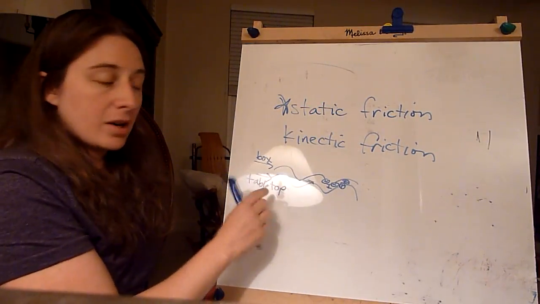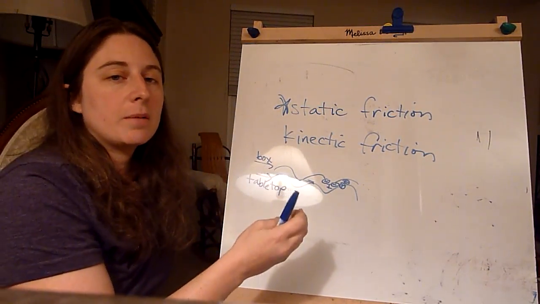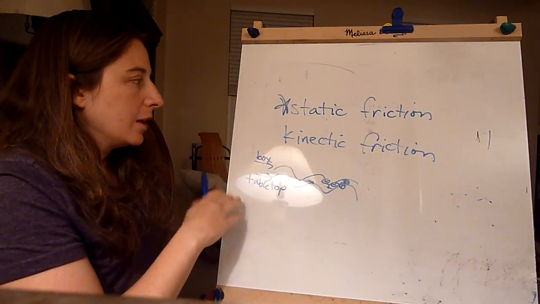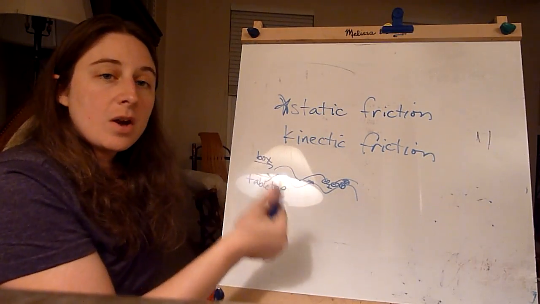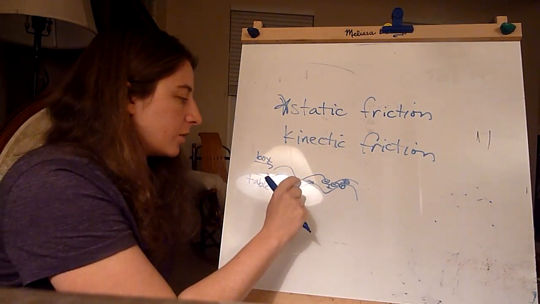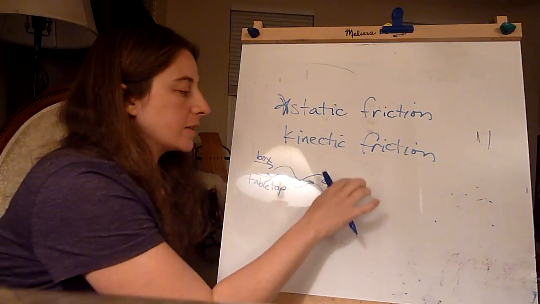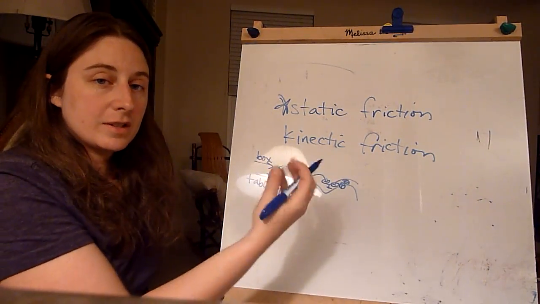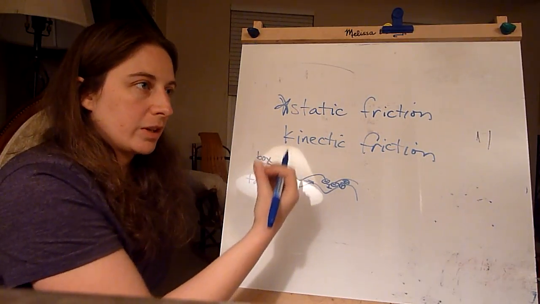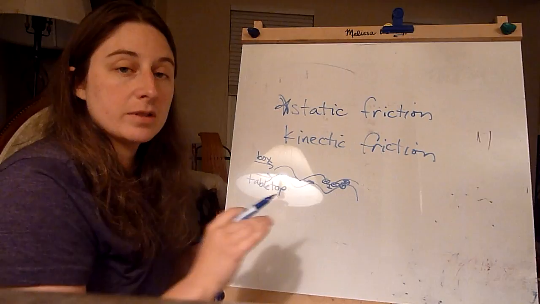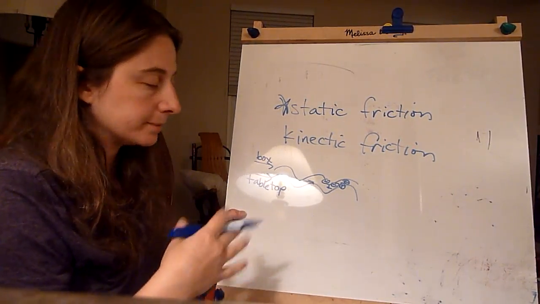To get the box to start moving would require more force than to keep the box moving once it is moving, because static friction is harder to overcome. These little grooves and bumps settle into each other, they get really close to each other. These little electrostatic attractions are able to really form tightly when the two surfaces are stationary in relation to each other.